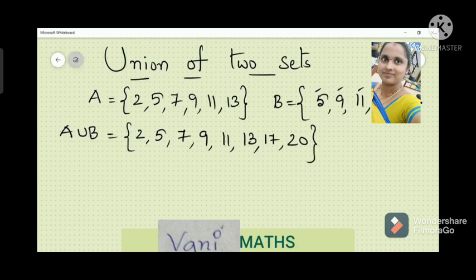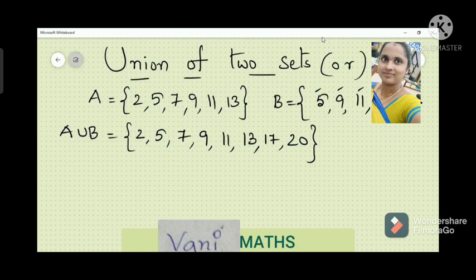So we covered all the elements of A and B. So this is about A union B. How did we define A union B? What is the word which refers to union? Or is the word that refers to union.